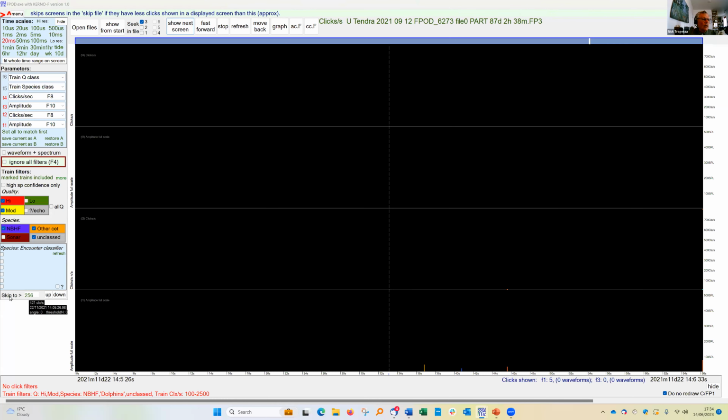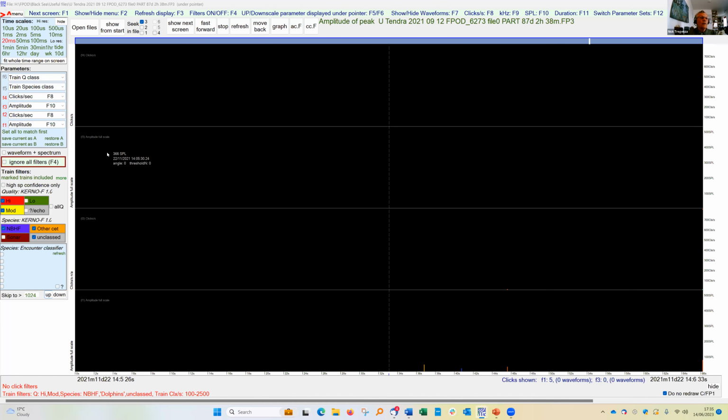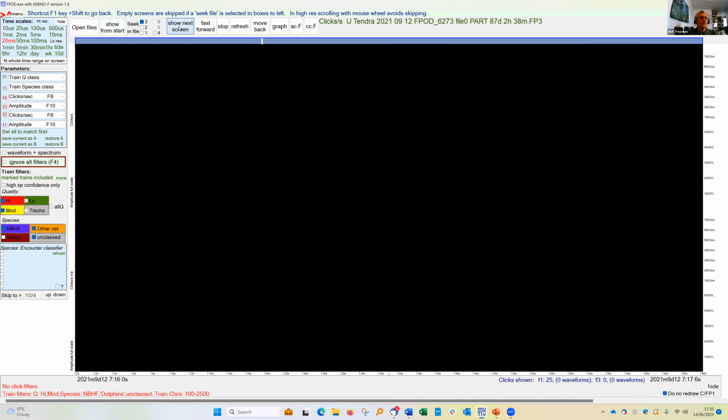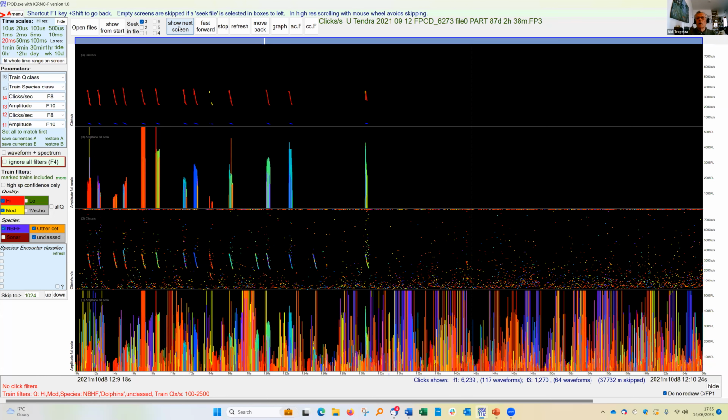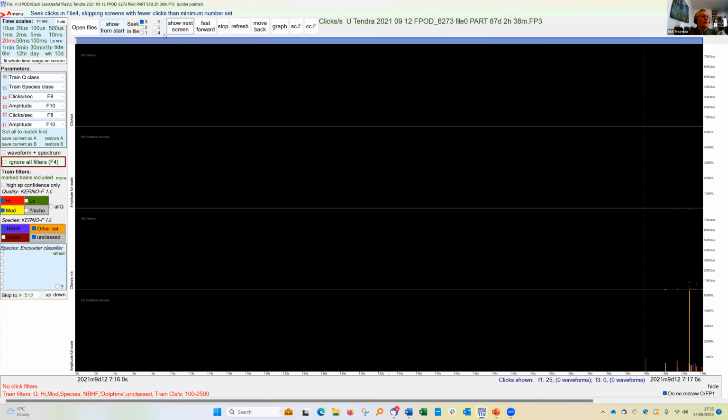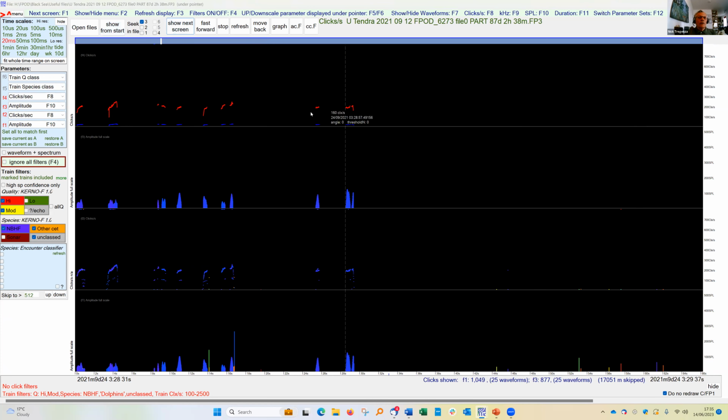And down here, I can skip to more than. So I'm going to put that up to 1,000 clicks in the screen. Okay, show from start, show next screen. Wow, I didn't think it was going to do that. I'm just going to go to a lower number there and show from start, show next screen. In fact, I'm going to go even a bit lower.